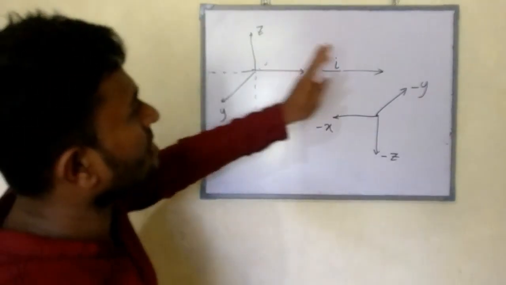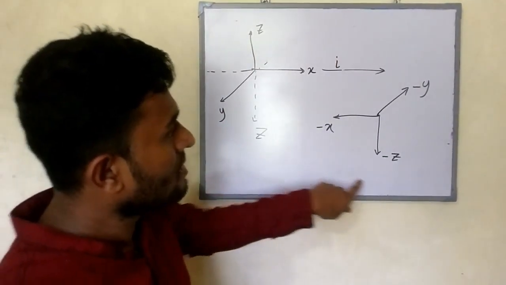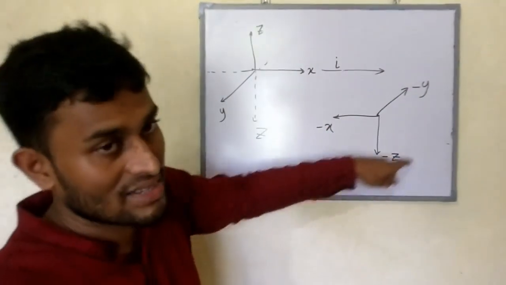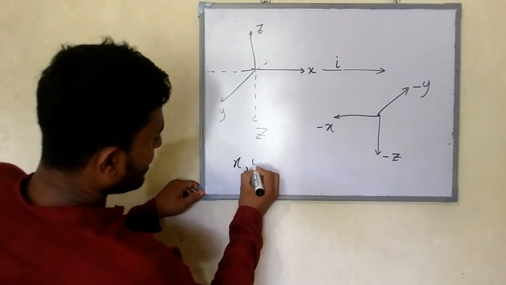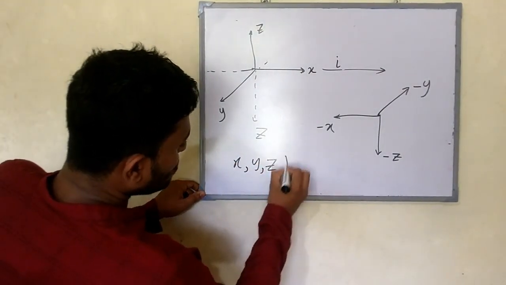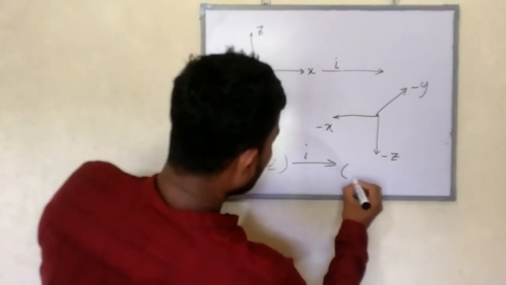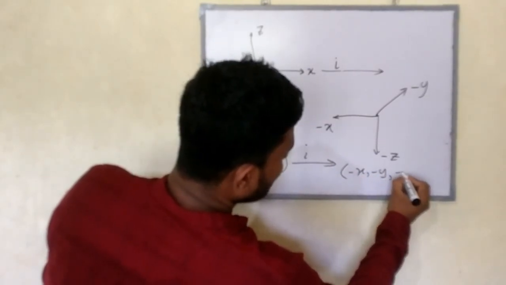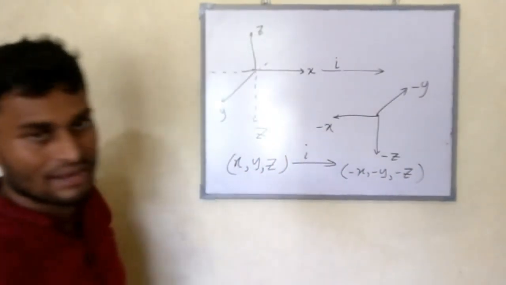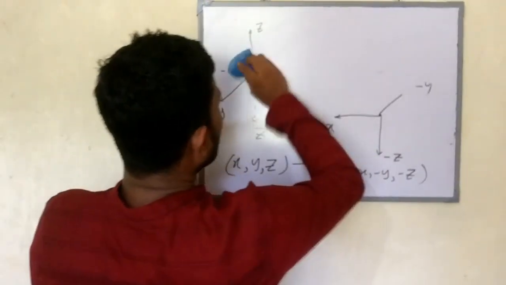So after performing the inversion operation, the configuration of your Cartesian coordinates will be like this. So x, y, z will be converted into minus x, minus y, minus z. So this is the inversion operation.